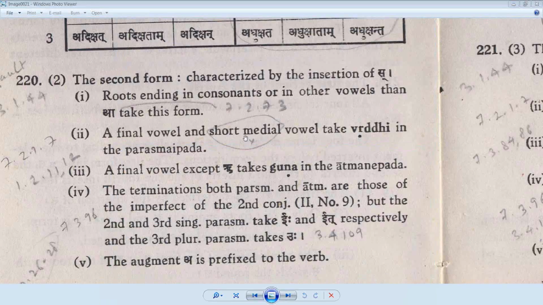So basically, it's talking about 7-2-1, sichi vriddhih parasmaipadeshu, and 7-2-3, which is vada vraja halantasyachaha. So it should be halanta angam, and the ach will take vriddhi. It doesn't say long or short. Any vowel will take vriddhi, but it is sichi parasmaipadeshu. But of course we know that neti will come and stop there, so it should be a sich without the idagama, in order to use 7-2-3. So when you think of applying 7-2-3, think of 7-2-4, so that neti stops that 7-2-3.